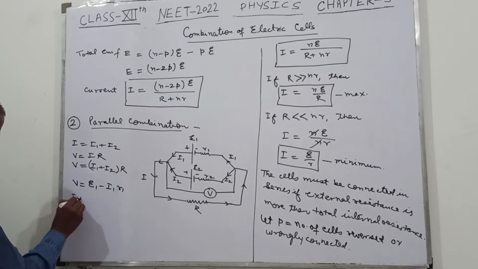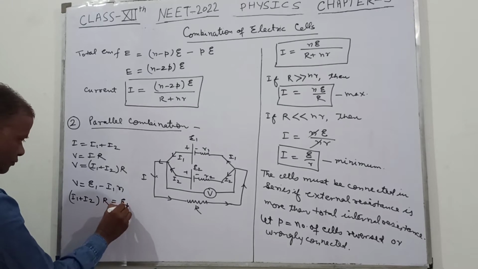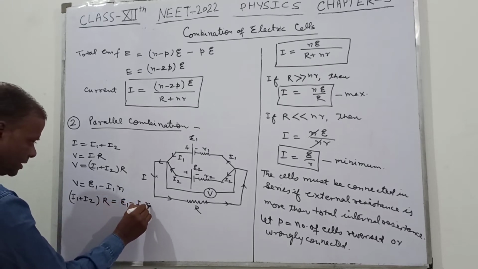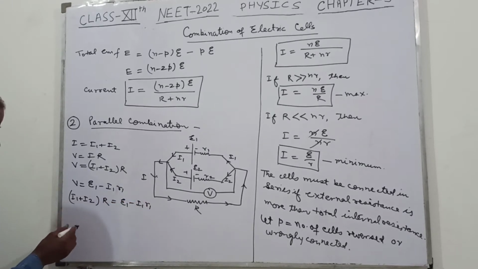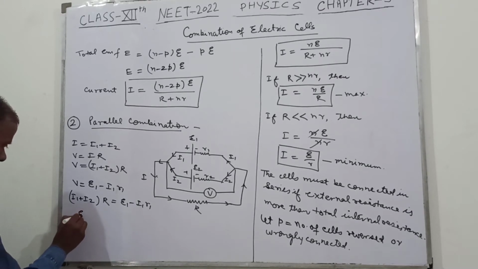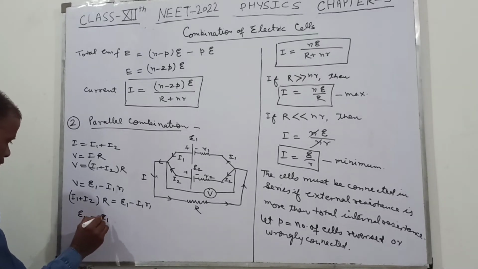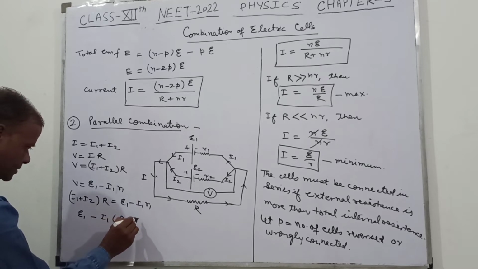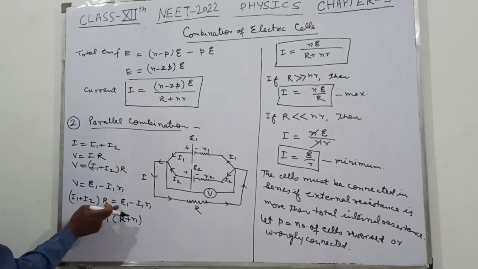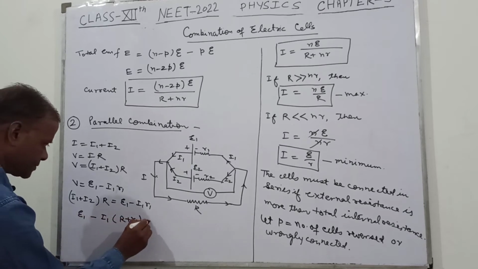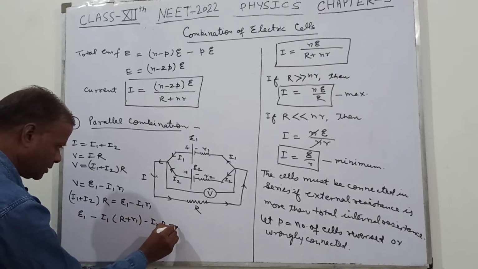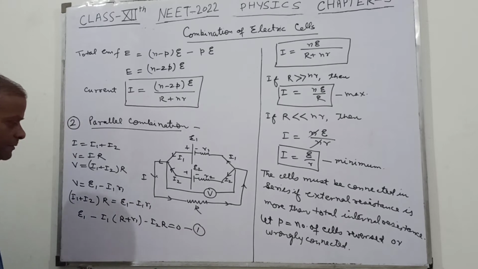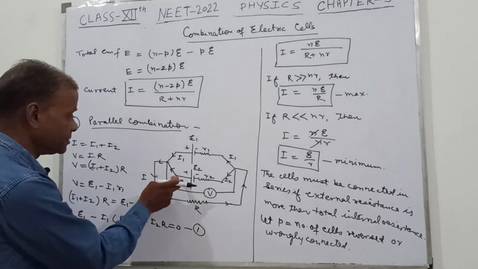That we have this I1 plus I2 into R. This is equal to E1 minus I1 R1. Or if we more better, we can write this E1 minus I1, I1 we take common, then this will be your R plus R1, I1 to this from this side and minus I2R. This is equal to 0. This is now equation number 1. Now similarly for this second cell.